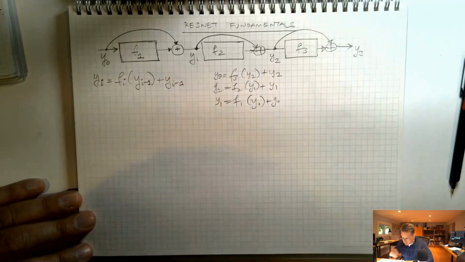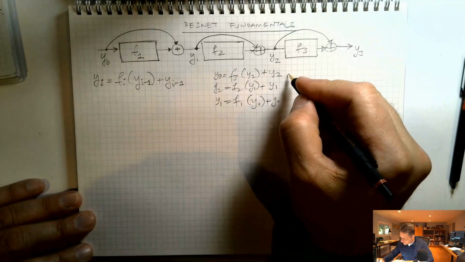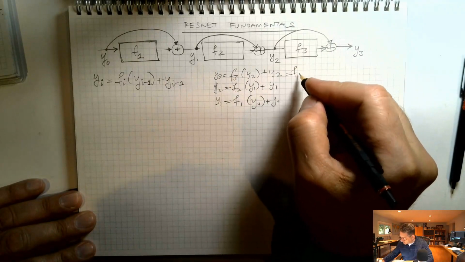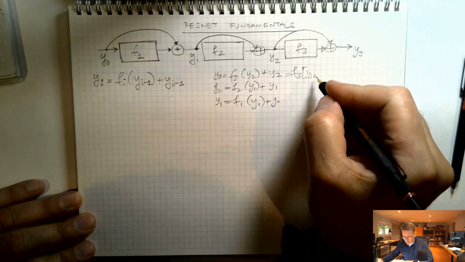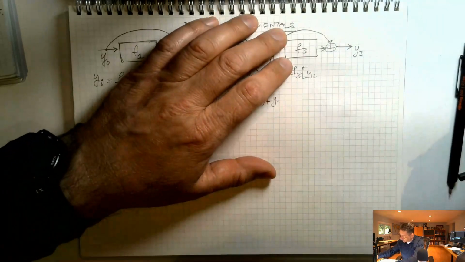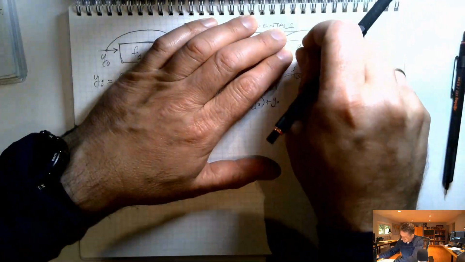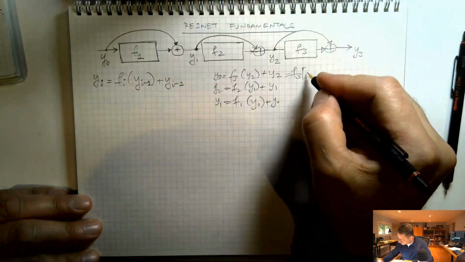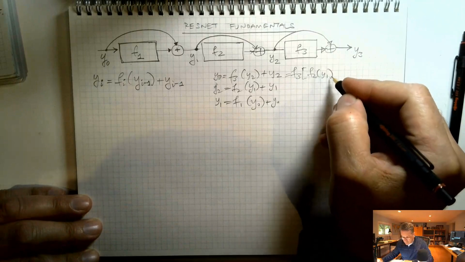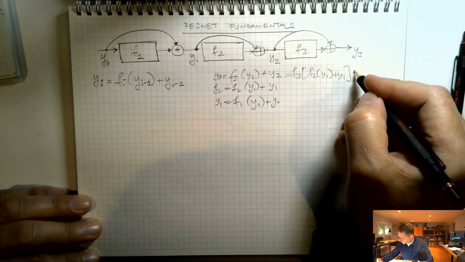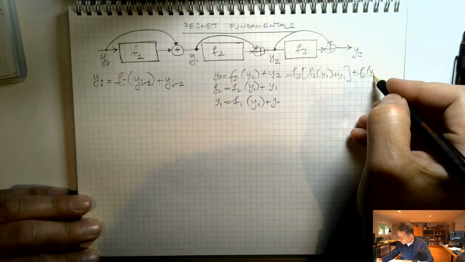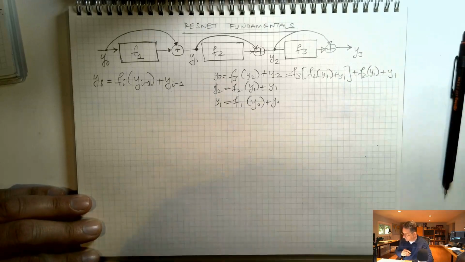Okay, so all right, what I'm going to do now is write it as F3 of Y2, I'm sorry, F3 of F2 of Y1 plus Y1, plus F2 of Y1 plus Y1.